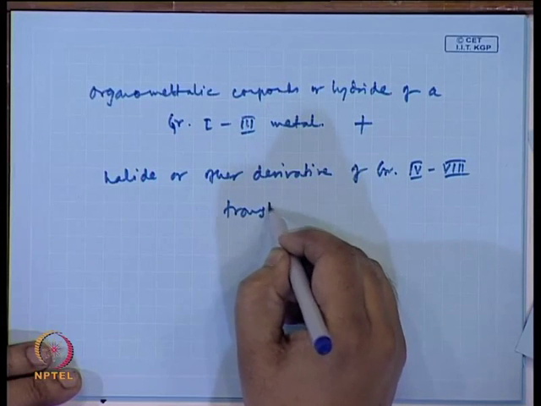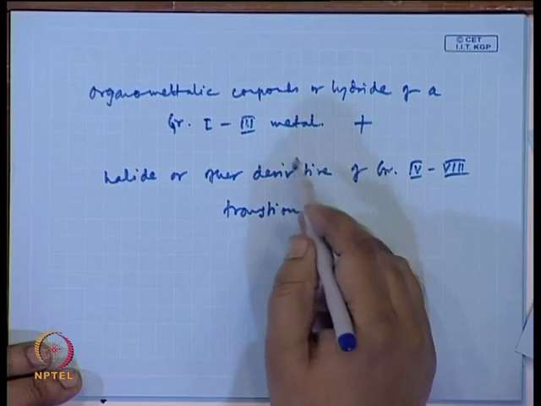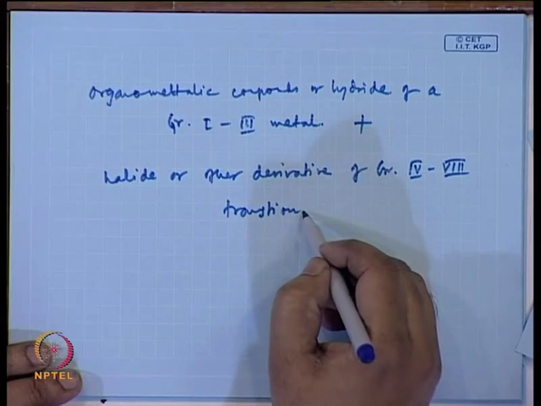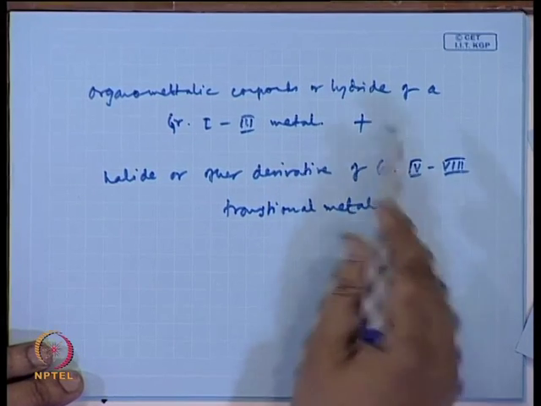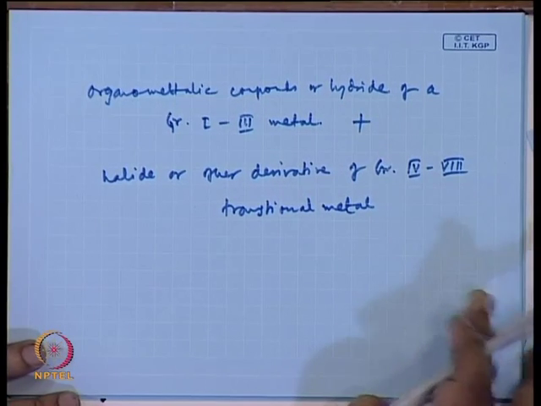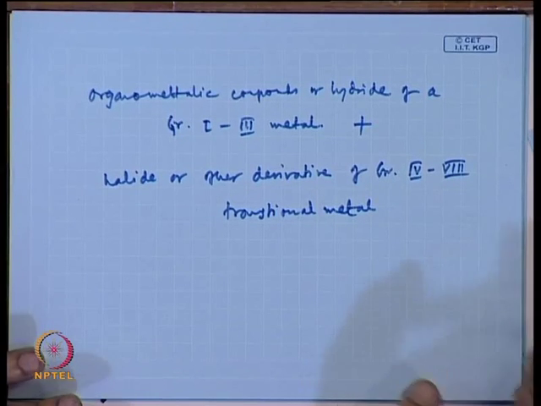Basically, you have to take one from here and one from here and constitute the catalyst, which is generically called a Ziegler-Natta initiator or Ziegler-Natta catalyst.